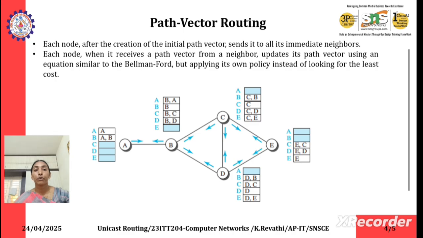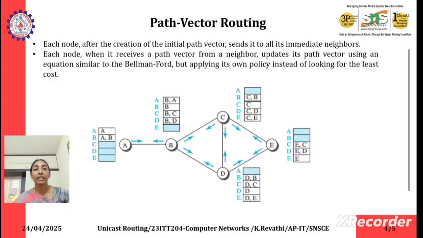Likewise, the B routing table will contain A, B, C, D, and E nodes. Here, B is the source node. How to find the immediate neighbors of B? Here, A, C, and D are the immediate neighbors.